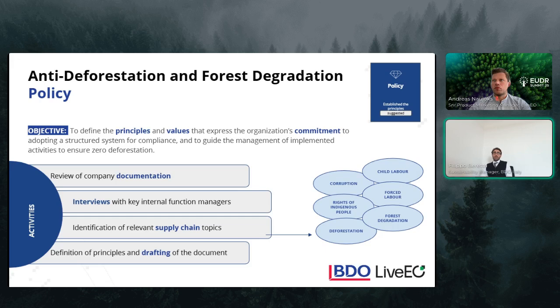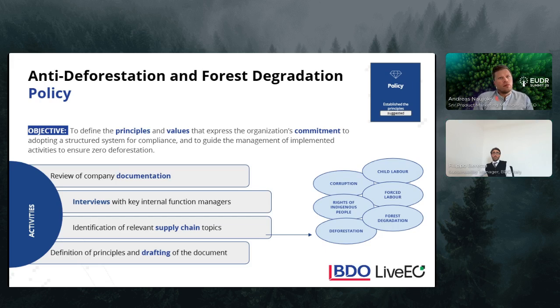Therefore, it is important to start by defining the principles of the company's values and the organization's commitment to deforestation, also by setting goals that the company intends to achieve. For this reason, it's necessary to carry out actions in order to draw up a policy that precisely defines the organization's commitment.